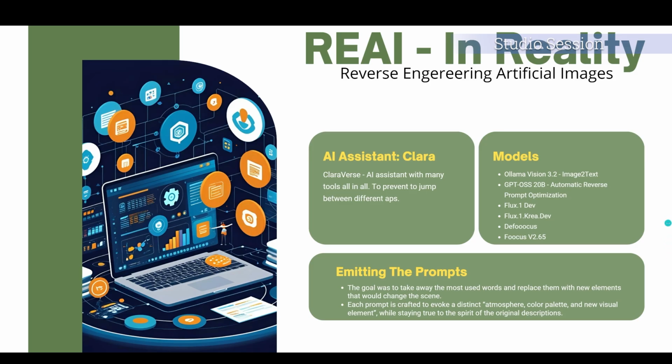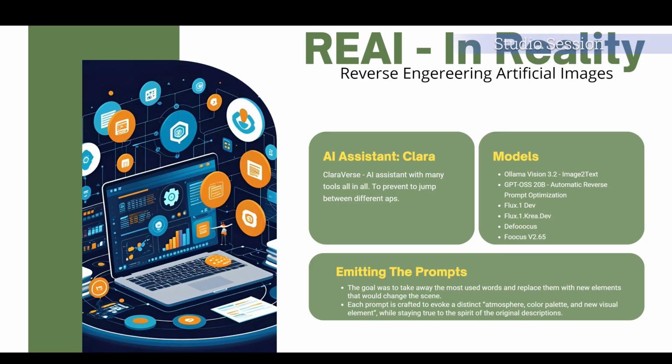So the first thing, the model I'm using is Ollama Vision, and that is an image-to-text model. And I also use a newcomer that I wanted to try out, called GPT OSS 20B. I use it for automatic reverse prompt optimization.